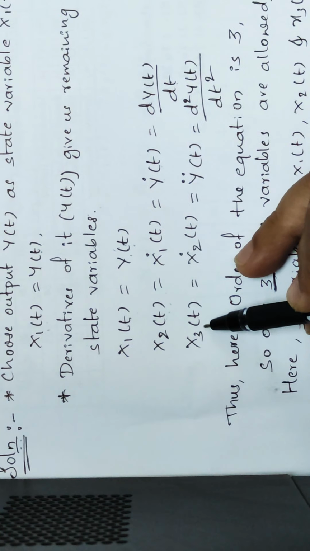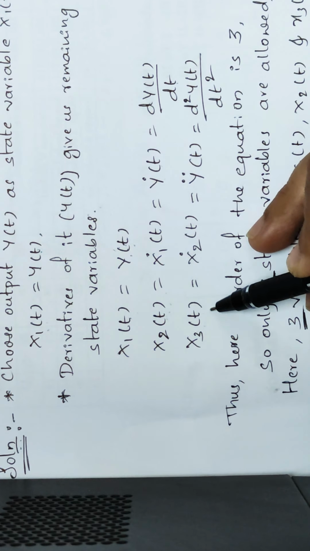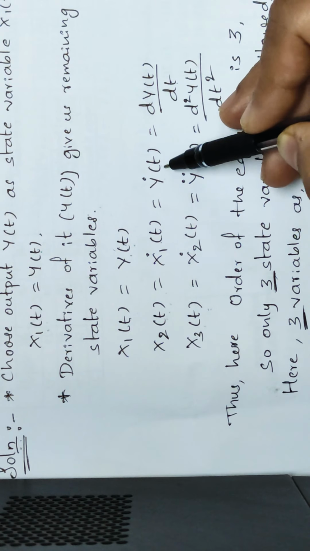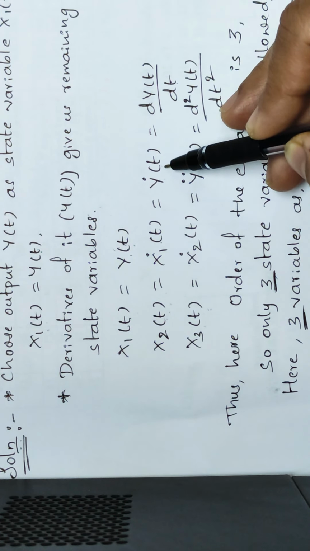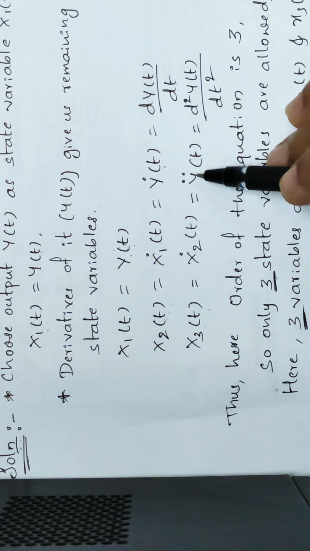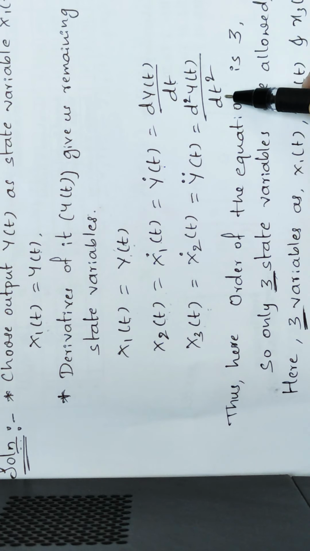Then what about the next variable x3? x3 is equal to x2 dot, x3 is equal to x1 double dot, or x3 is equal to y double dot. All should be the same. x3 is equal to x2 dot, x2 dot is equal to y double dot, nothing but d square y by dt square. Getting all of you?